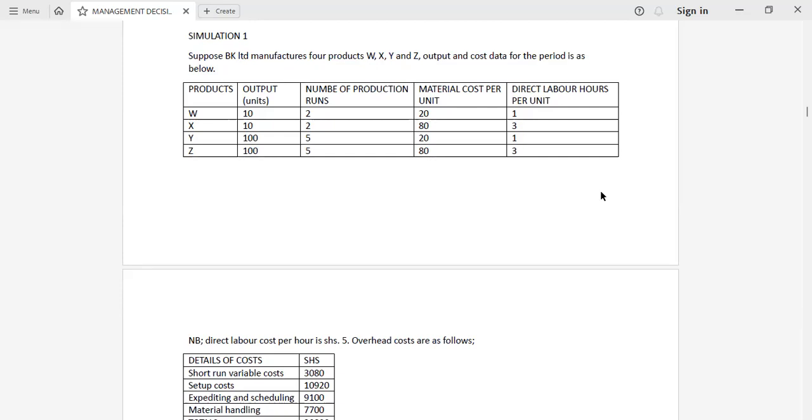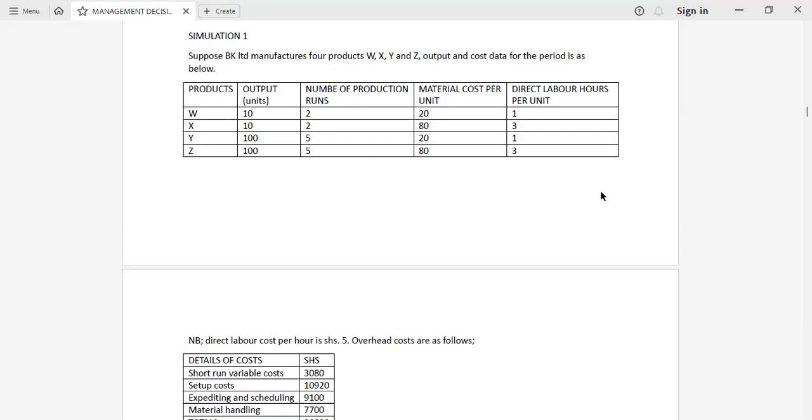Today we are going to continue with our series of management decision and control, and we are going to look at the different simulations that we have. As we said in the previous videos, we are going to look at how we determine the cost per unit of a product or a service using either the ABC system or the traditional system.